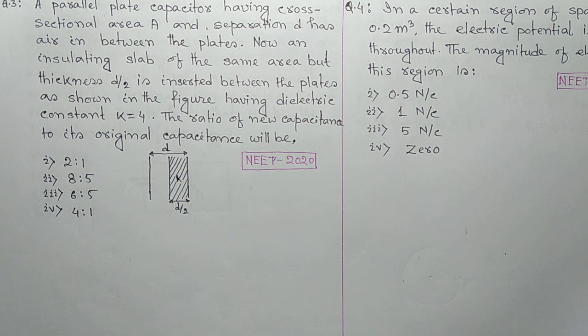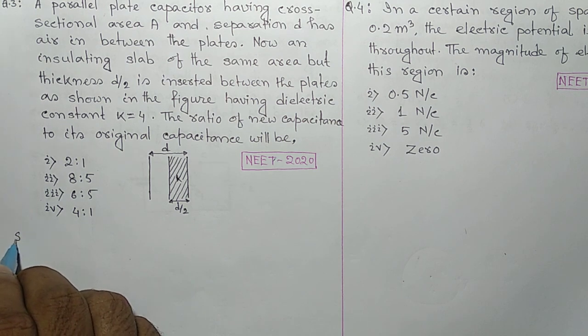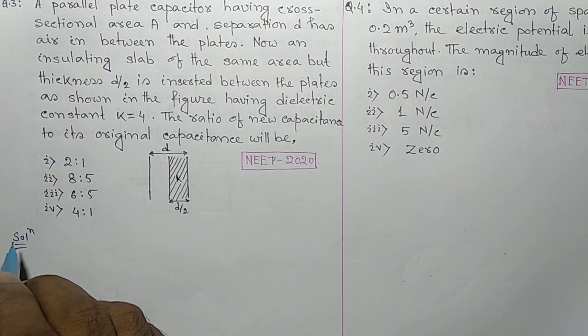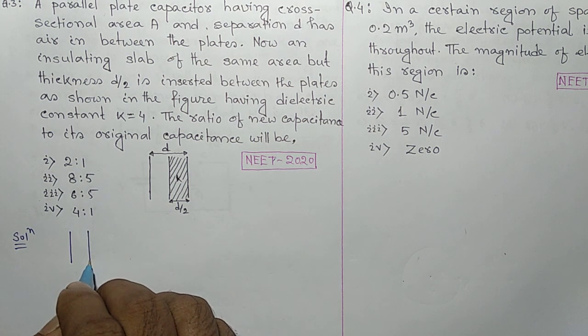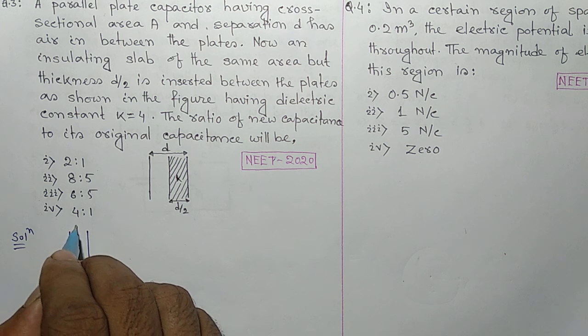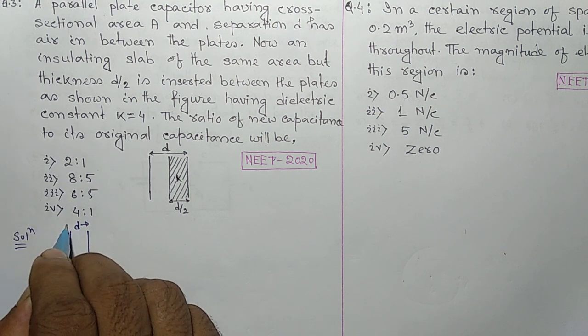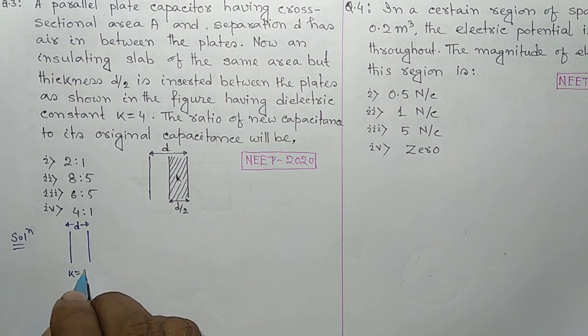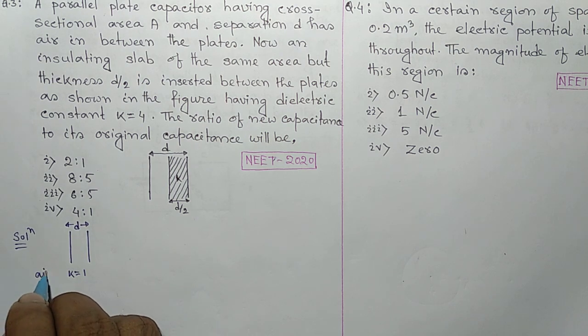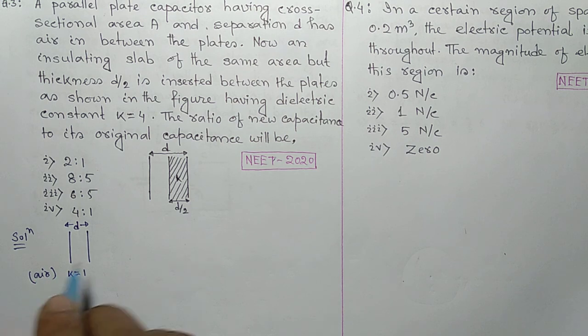So let's see here. Initially, consider a capacitor with separation D. Dielectric constant K is equal to 1 because of air initially.